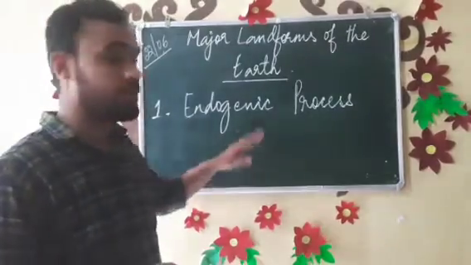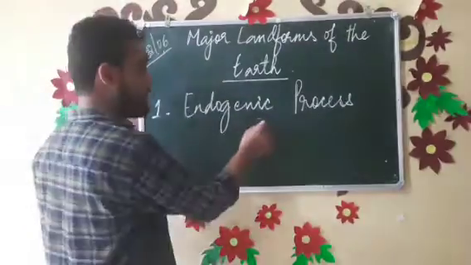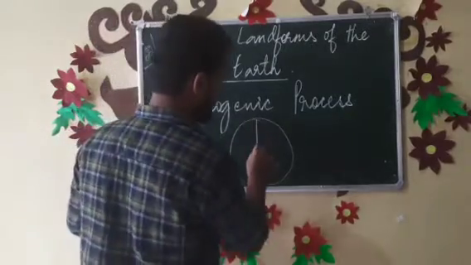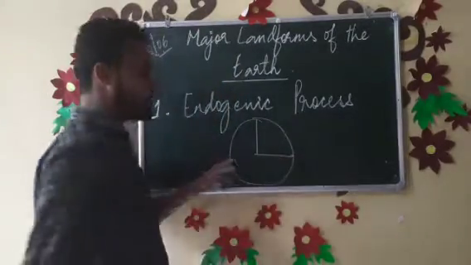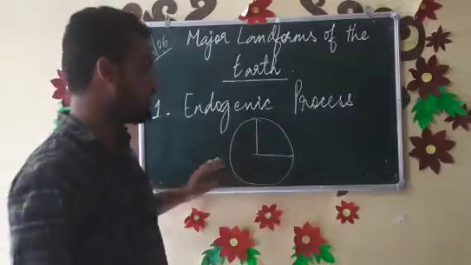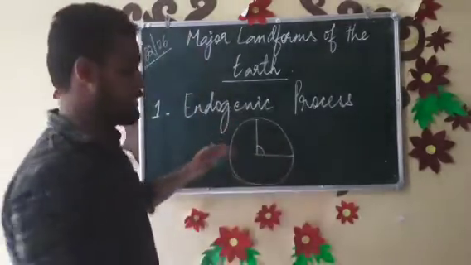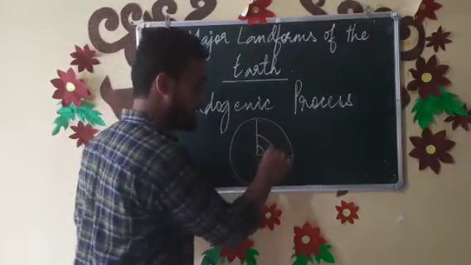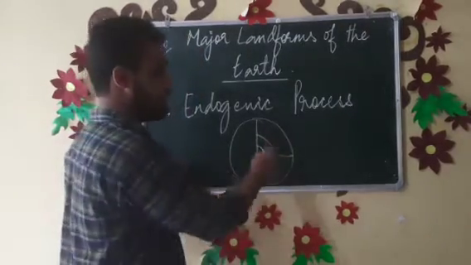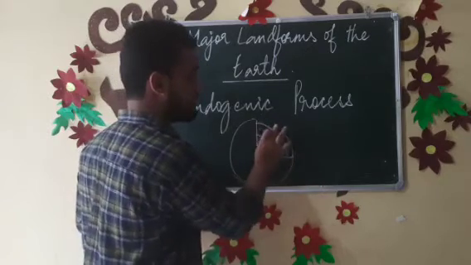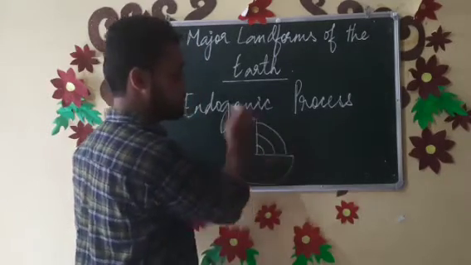Now I am going to draw the anatomy of earth where you can easily understand it. Now the center portion of the earth has the core. Okay? Then above the core we have the lower crust. Above that we have the upper crust, and this is the surface.